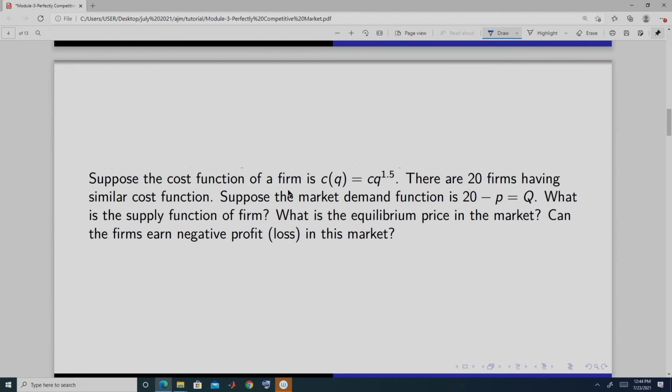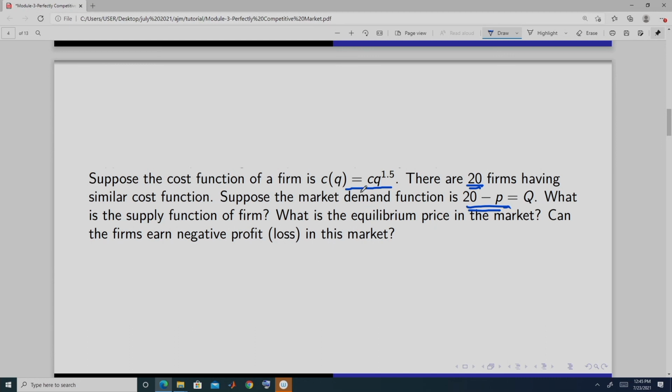Next, suppose the cost function of a firm is this, same as the previous one, and now we have 20 firms having similar cost function. Earlier we have not specified the number of firms, now we have specified. And suppose the market demand function is this. What is the supply function of a firm, what is the equilibrium price in the market, and can the firms earn negative profit or loss in this market?